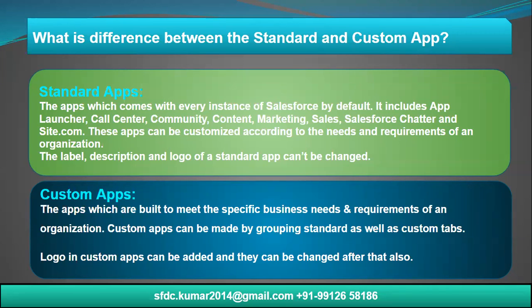Standard applications are provided to us by Salesforce by default. These include apps like Call Center, Community, Sales, and Marketing. For standard applications, it is not possible to change the label, description, or logo. Simple example: if you purchase a new mobile, by default applications are provided to us, right? We can't modify anything in those applications.